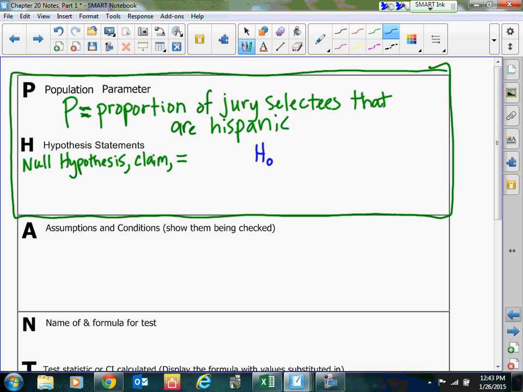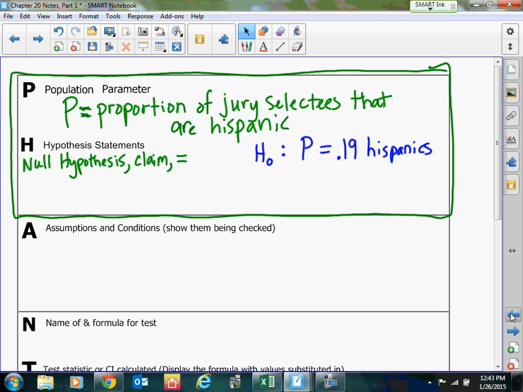That little o represents null. So this is the null hypothesis statement. Then you do a colon, and here it is: capital P is equal to 0.19 Hispanics, because that is the claim about the proportion of the jurors that are Hispanic. That's the null hypothesis. Okay?